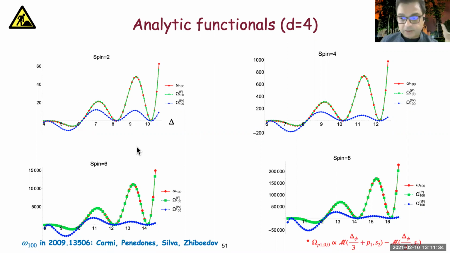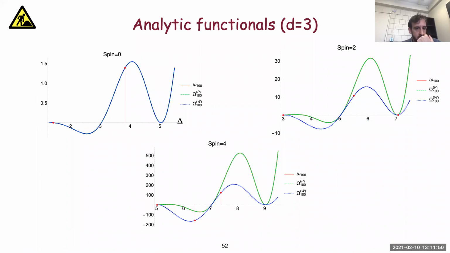We have not unearthed what all this means, but let's see. Hopefully there is some advantage in expanding in terms of the Witten block. Similar story in d equal to 3. This was for d equal to 4. This is for d equal to 3. We can do similar things.